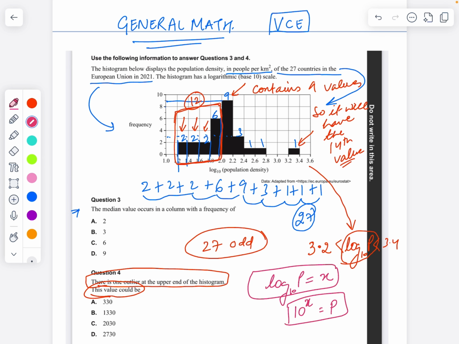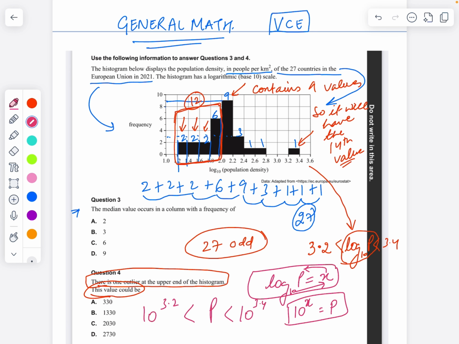That's how the log works, right? I just hope you understand that the base to the power of this gives you the answer p. So the value of p is going to lie between 10 to the power of 3.2 and 10 to the power of 3.4.